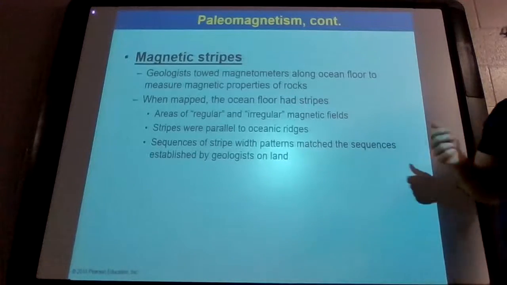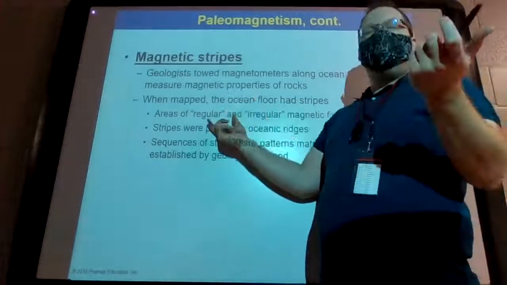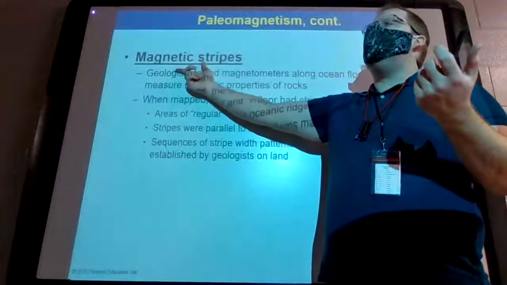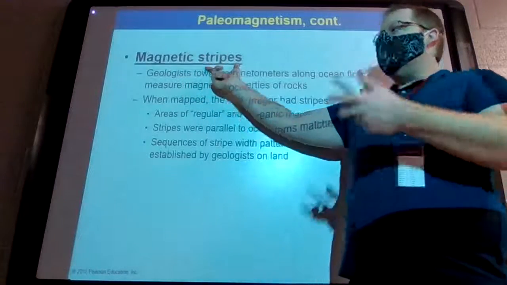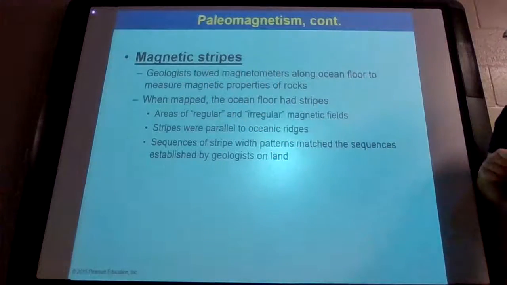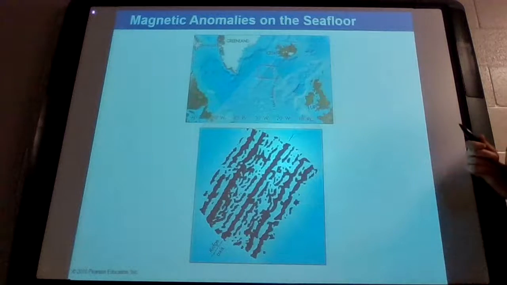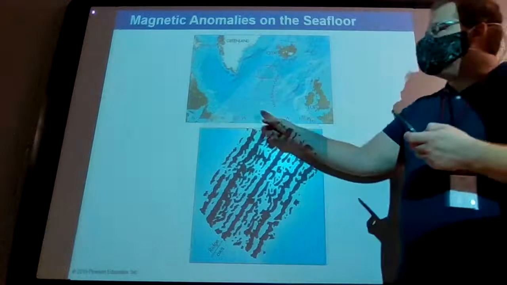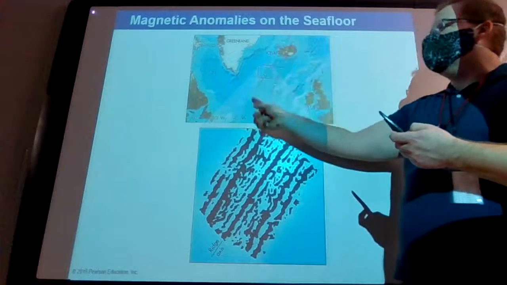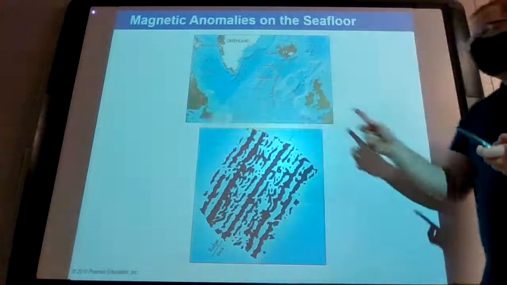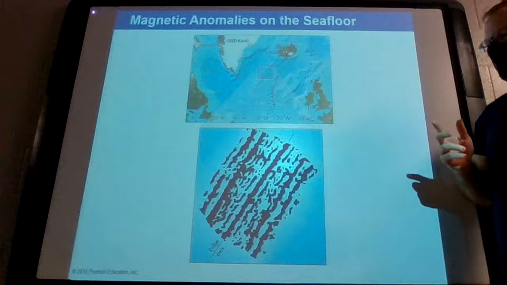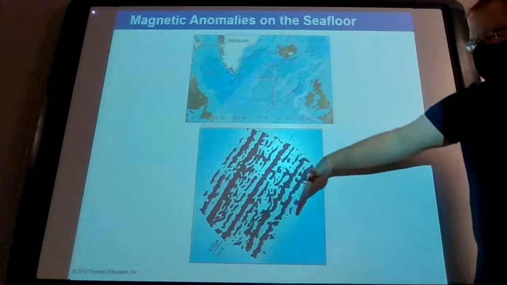It took us a little while to figure out that the poles flip like they do. One of the ways we discovered this was we saw these magnetic stripes in the ocean floor. As Harry Hess is going back and forth from the United States to Europe taking readings of this mountain range, his magnetic readings are getting these stripes.